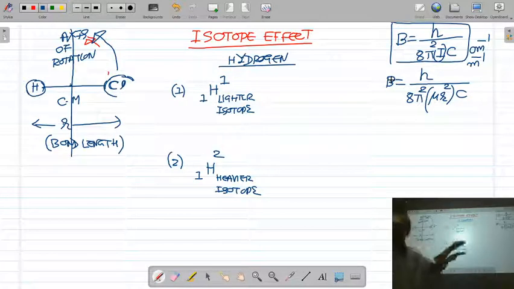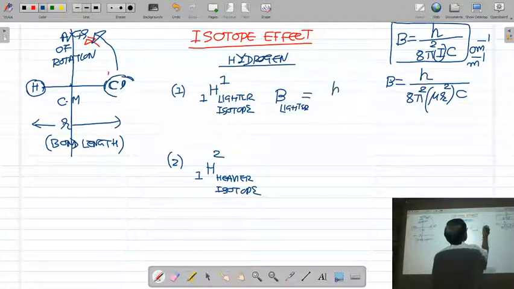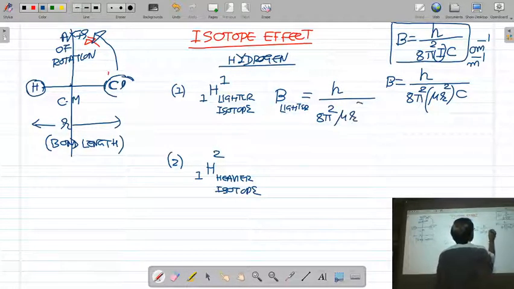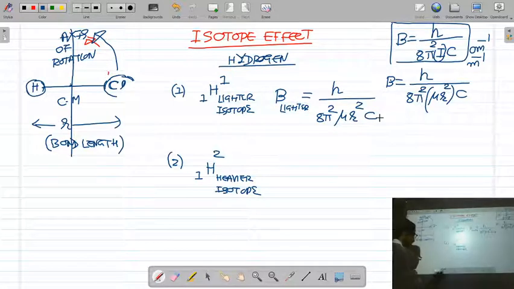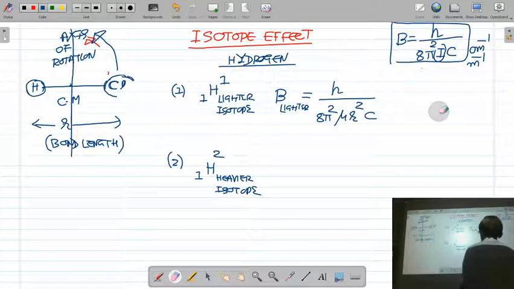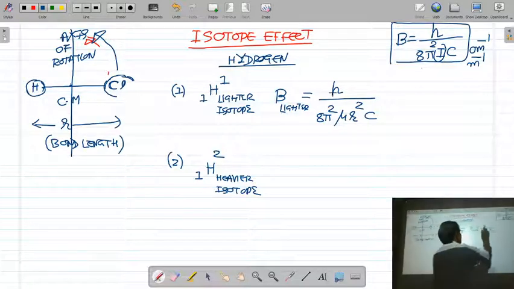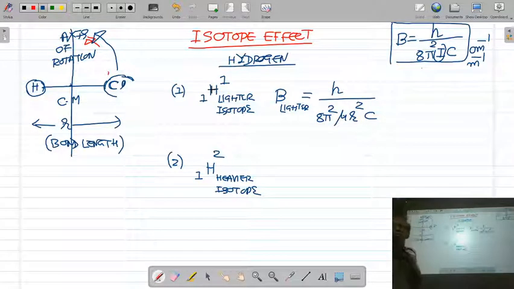Okay. So I write two equations of rotational constant. The rotational constant B for the lighter isotope, that is 1H1, is h upon 8 pi square mu r square c, where mu is the reduced mass of 1H1.